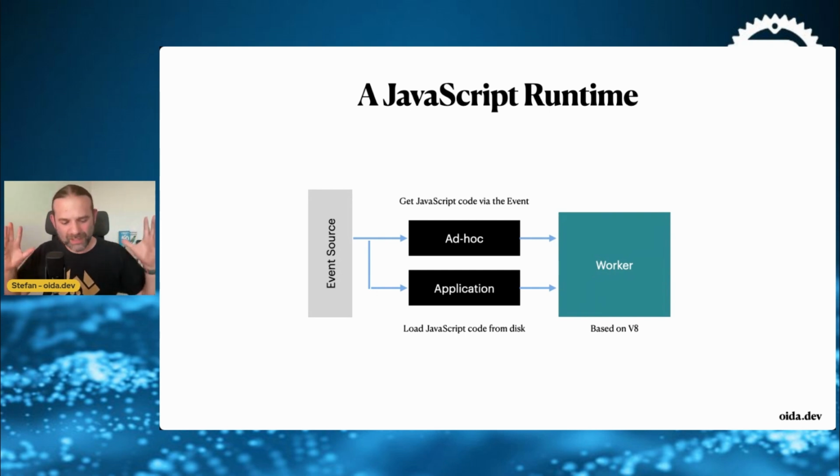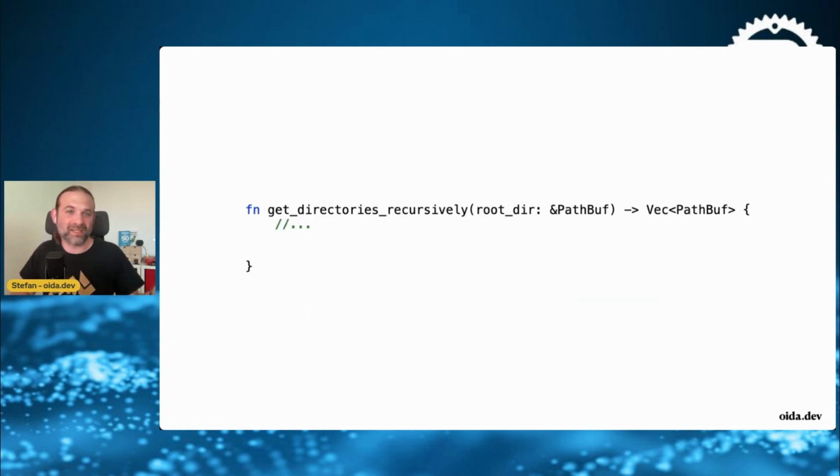And this project was pretty popular within the company, and we got contributors from other teams as well who wanted to try out this new language. And then we got contributions like this, for example. Somebody was trying to load some files from the disk. They wrote a function called get directories recursively with root of type path.